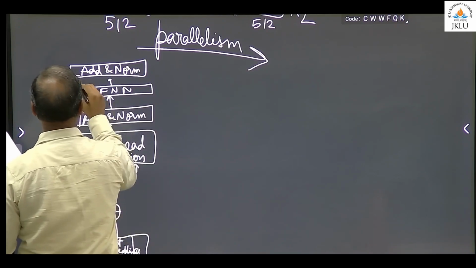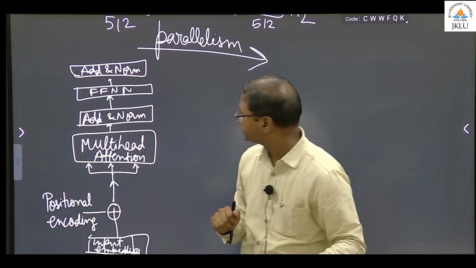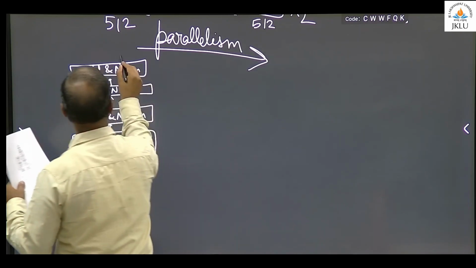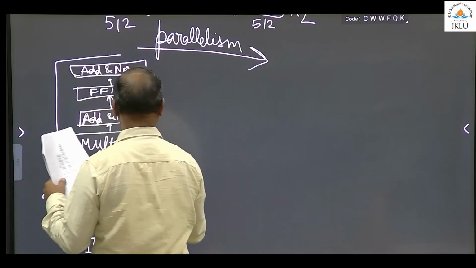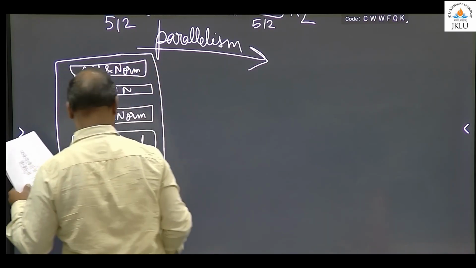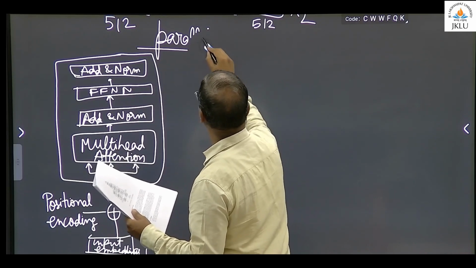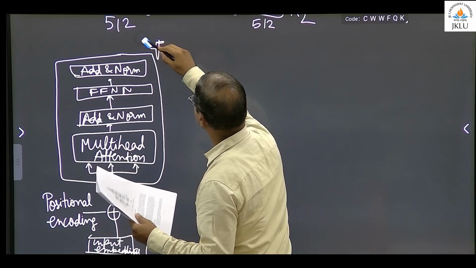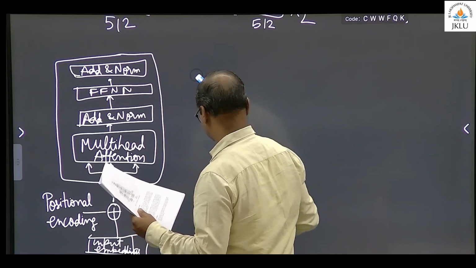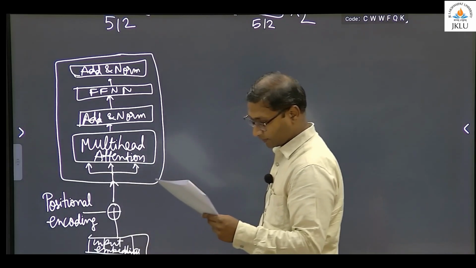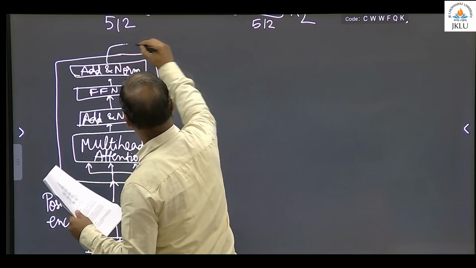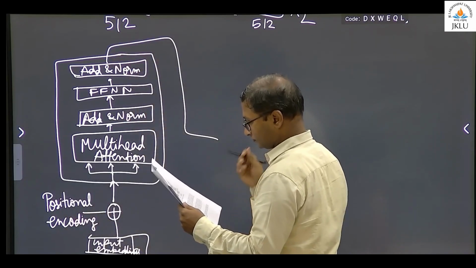And what is this add here? So this is your one encoder as shown in the famous paper itself. Okay. And then finally this output goes to, we will see.